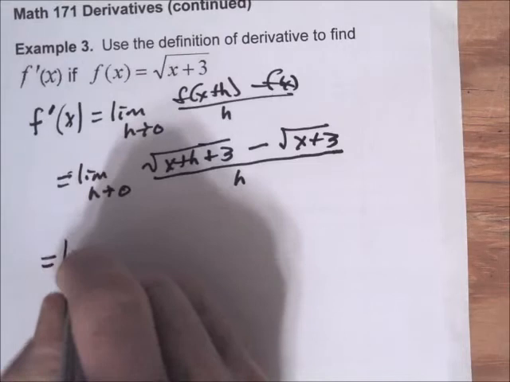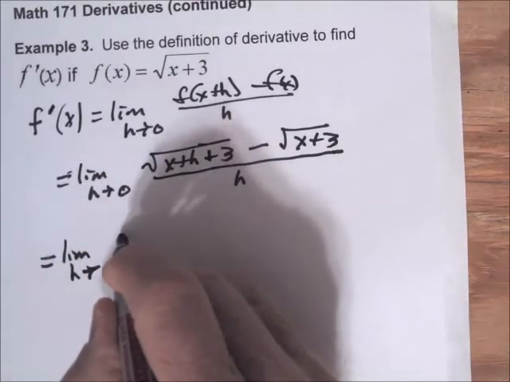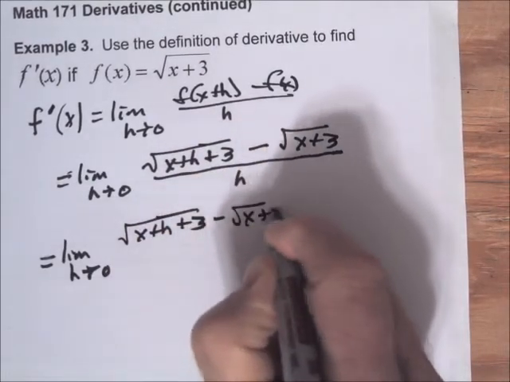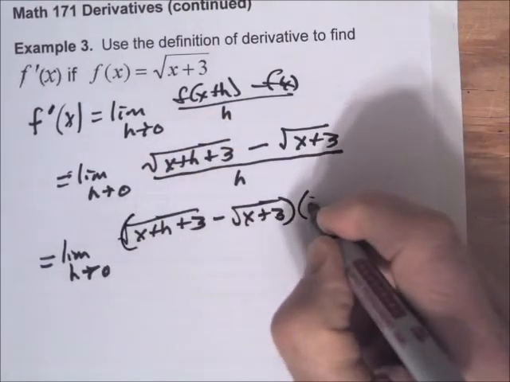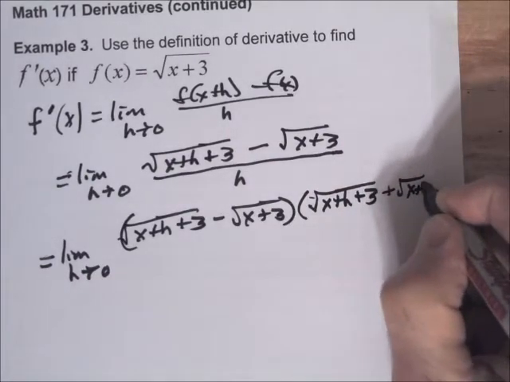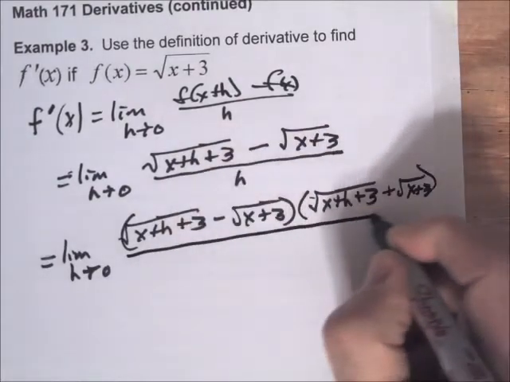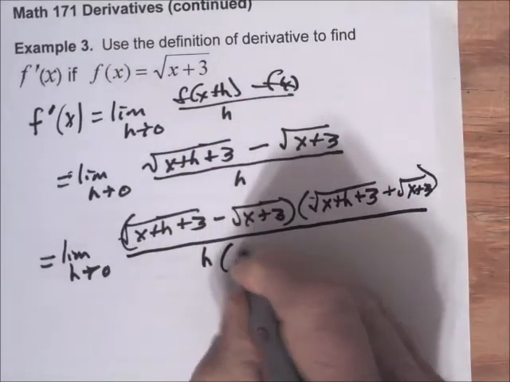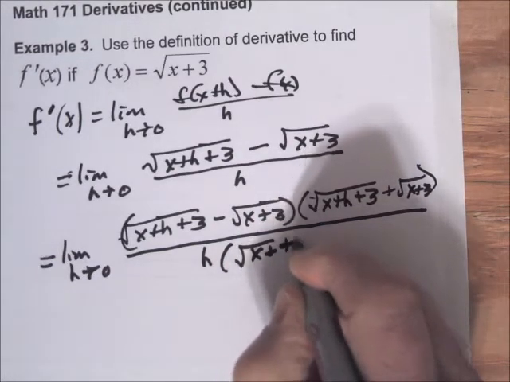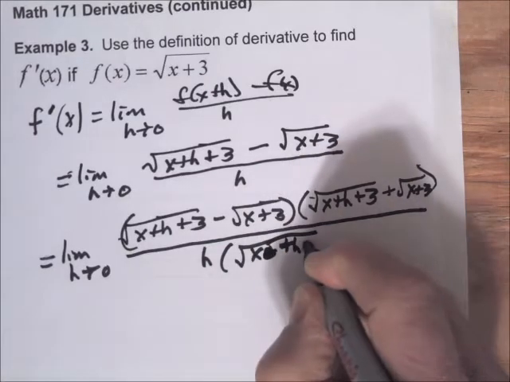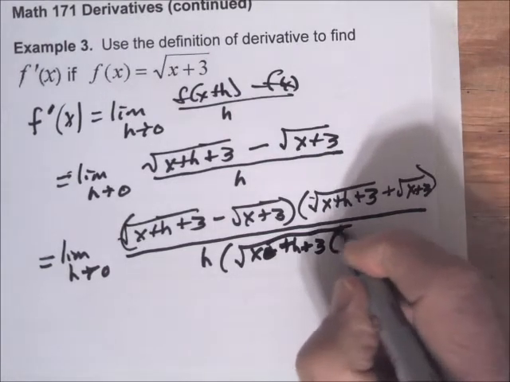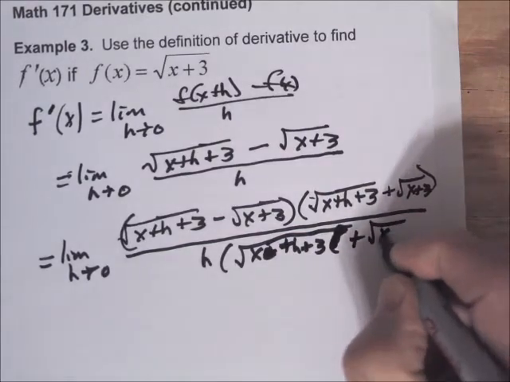So this is the limit as h goes to 0, square root x plus h plus 3 minus square root x plus 3, times square root x plus h plus 3 plus square root x plus 3, and it's all over h times square root x plus h plus 3 plus the square root of x plus 3.